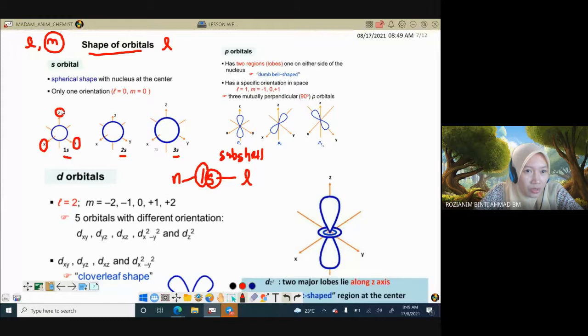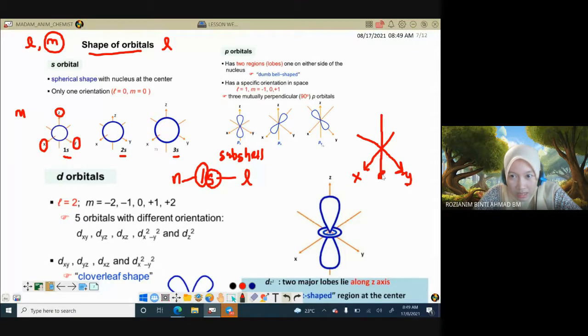This is the function of m, the orientation of the orbital in space. Your axes, it is better you follow this diagram. So label the arrows: x axis, y axis, and the center here is the z axis.